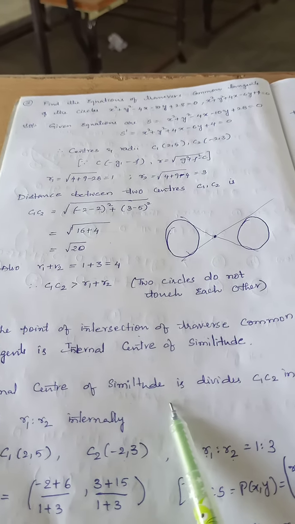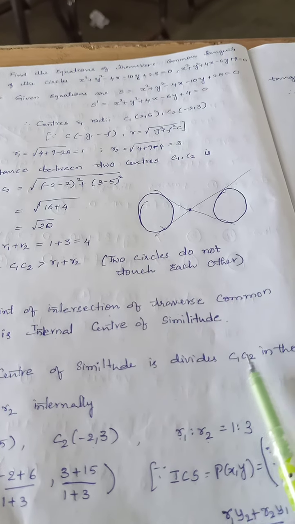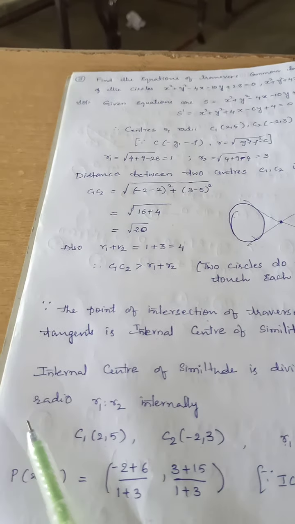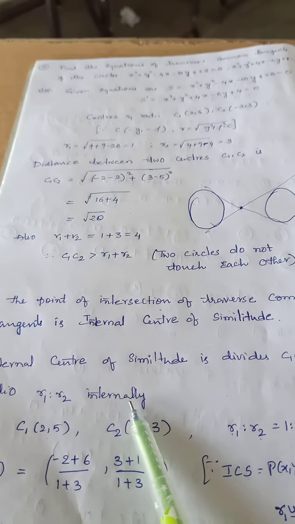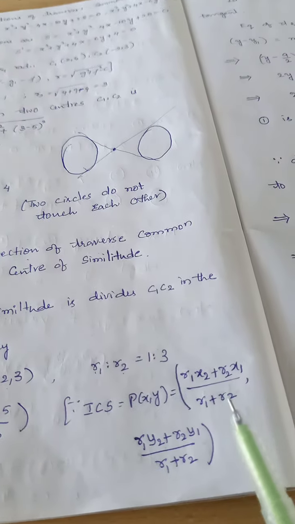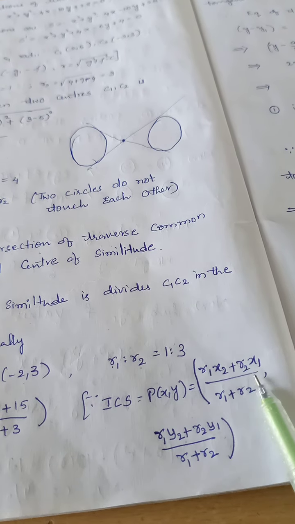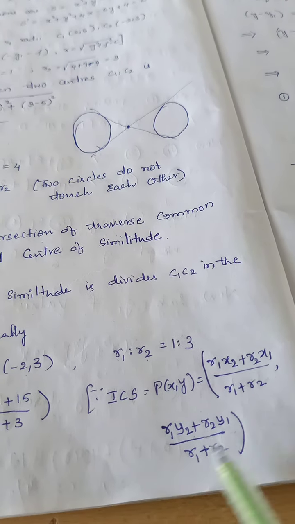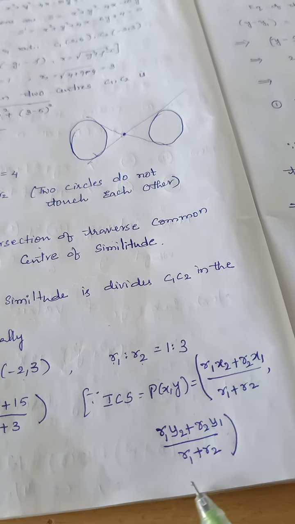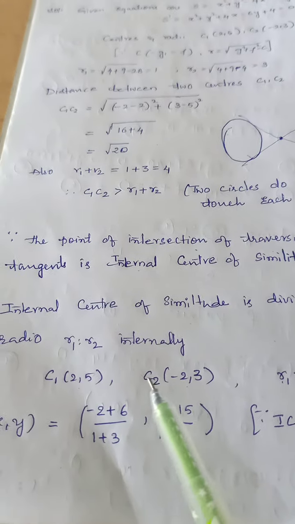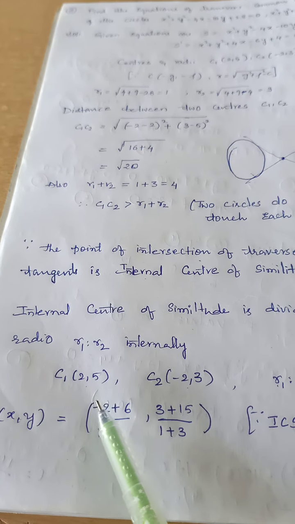The internal center of similitude divides the line C1C2 in the ratio R1 : R2. With the help of the section formula, (R1x2 + R2x1)/(R1 + R2), (R1y2 + R2y1)/(R1 + R2), find the internal center of similitude.